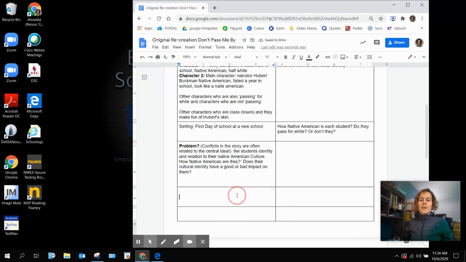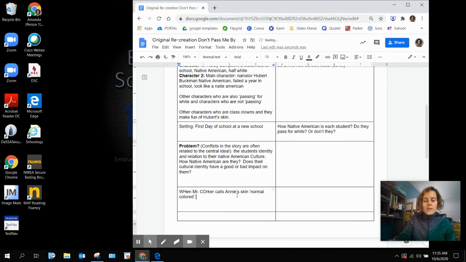So that's a key detail from the story. When Mr. Corker says normal colored, Hubert and Haley are the only ones to notice.